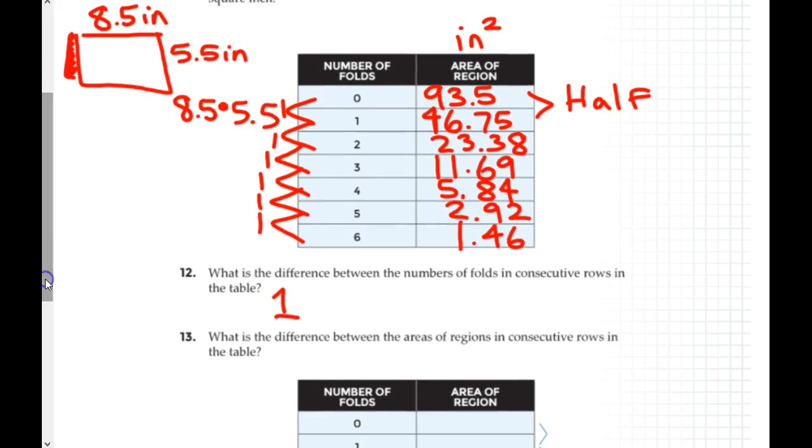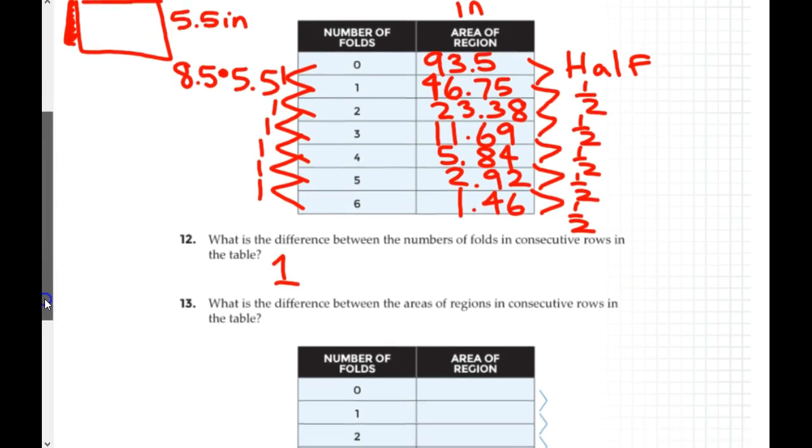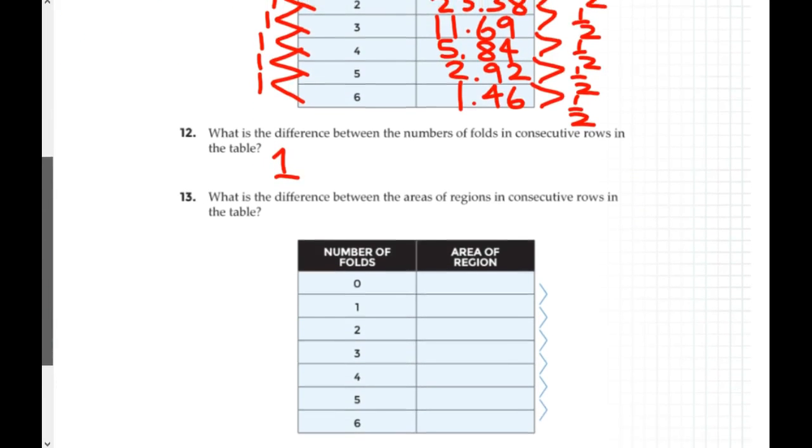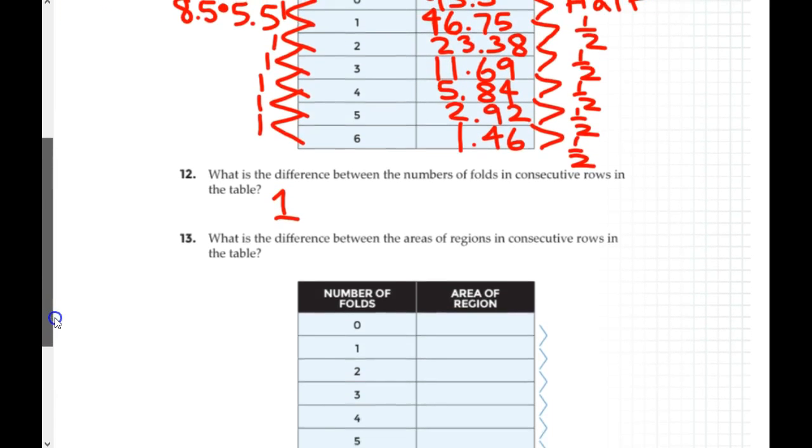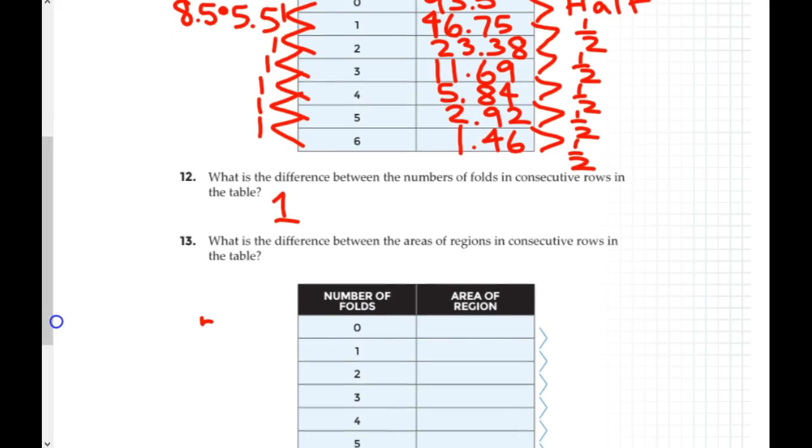But what's the difference between the areas? So again, half, half. If we're thinking of multiplying, okay? But number 13 is asking us to find the difference. So, let me write this again.